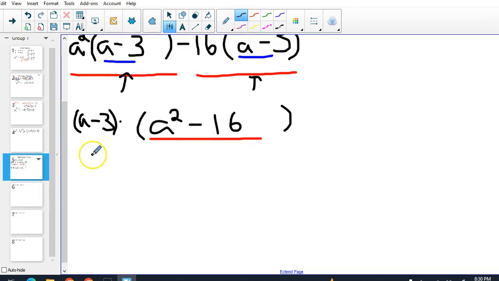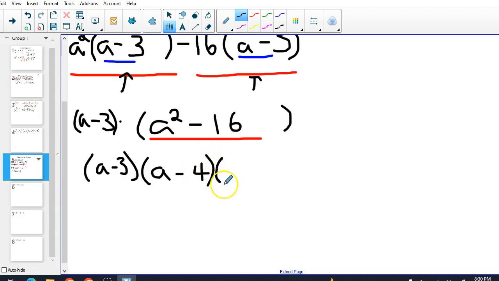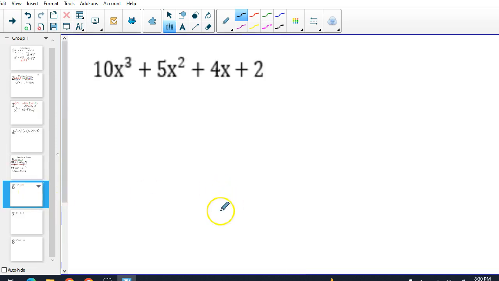So our a minus 3 stays the same, and then a squared minus 16 is a difference of squares, so we'll have a minus the square root of 16, which is 4. It's a minus 4 times a plus 4. We can't factor any further, so this would be our answer. Alright, let's do another one.